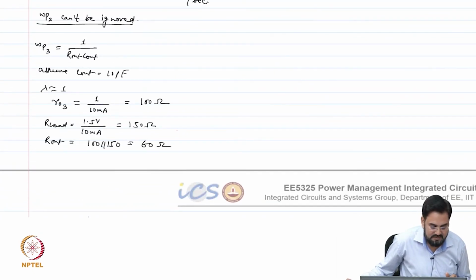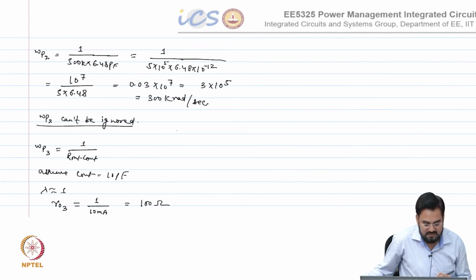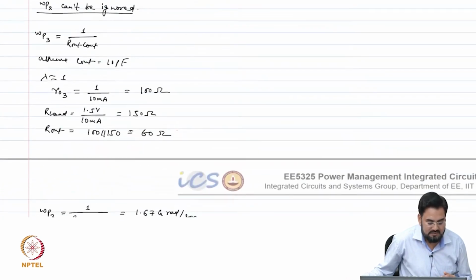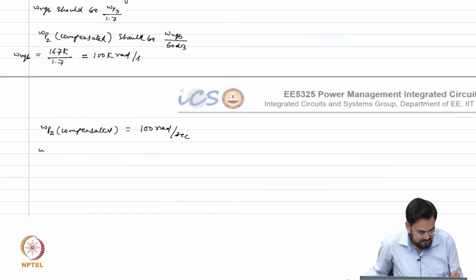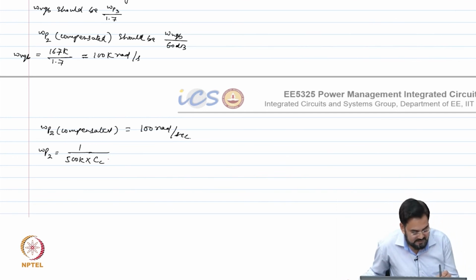R out was known for omega P2, 500 K. So, omega P2 is 1 over 500 K multiplied by, I will call it CC, compensated cap, plus CO2.